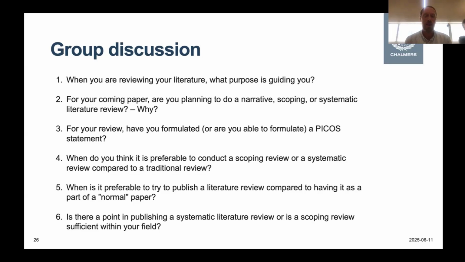I think the important thing is to be very transparent when it comes to publishing. I would guess that a lot of journals would accept the use of AI, but I think you really need to be transparent.